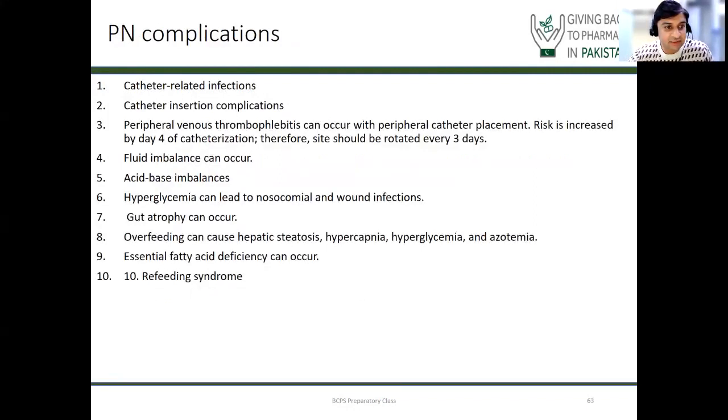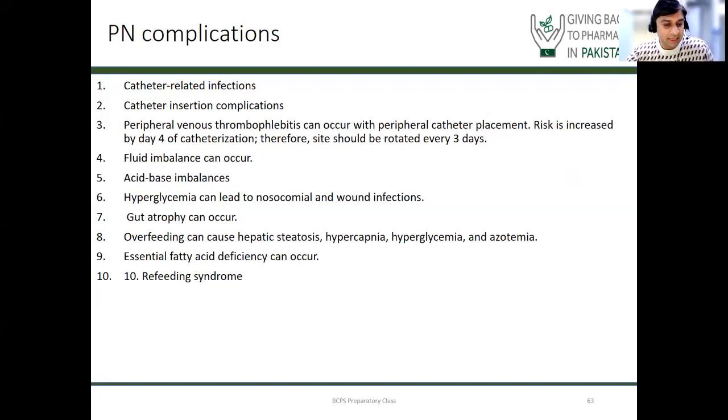Catheter related infections, catheter insertion complications, peripheral venous thrombophlebitis, fluid imbalance, acid base imbalance, hyperglycemia, as we already discussed, and gut atrophy because you are not feeding the patient naturally. The atrophic changes in the villi reduce gut motility, and this becomes very challenging when you stop the TPN and start the patient on oral feeding.